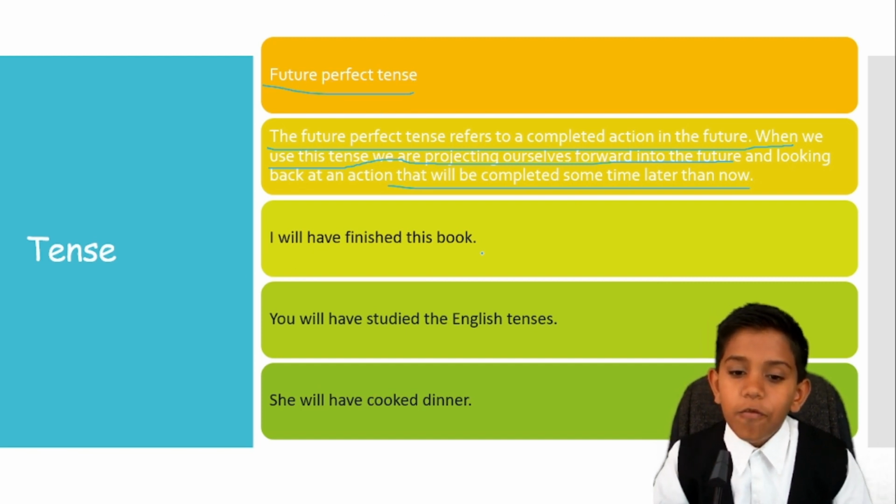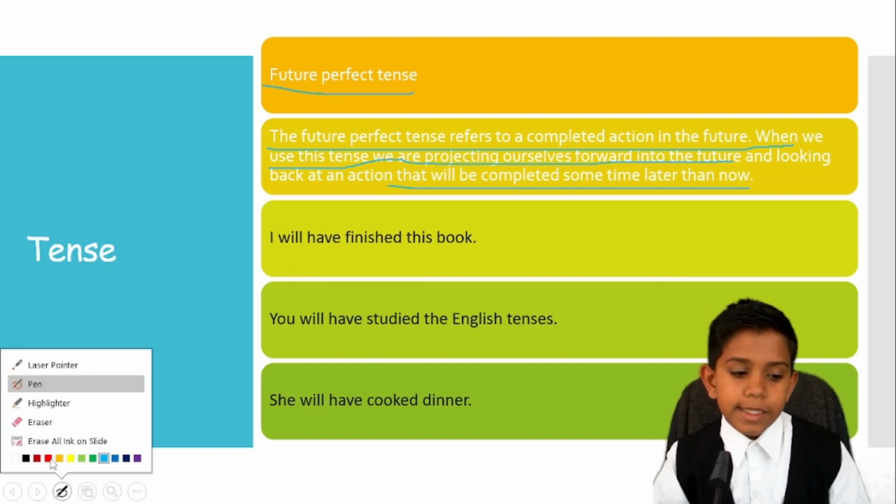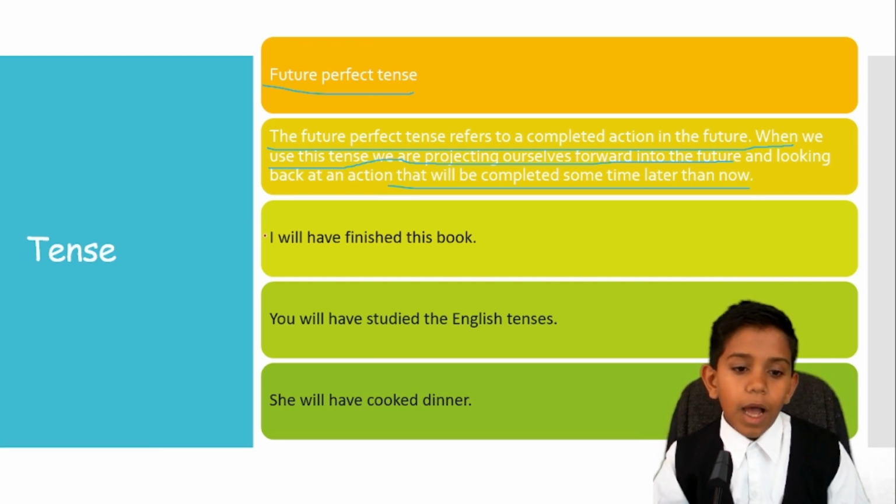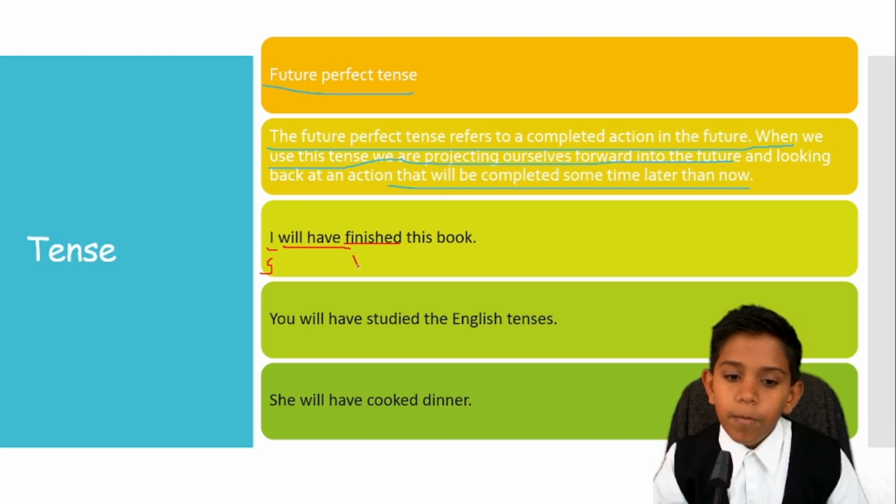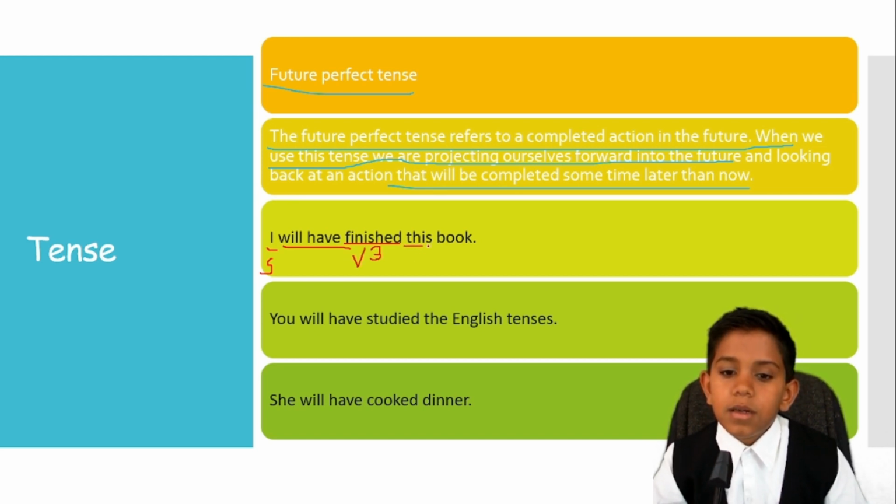Example: I will have finished this book. In this sentence, I is the subject, will have is the auxiliary verb, finished is the V3 form, and next is the object.